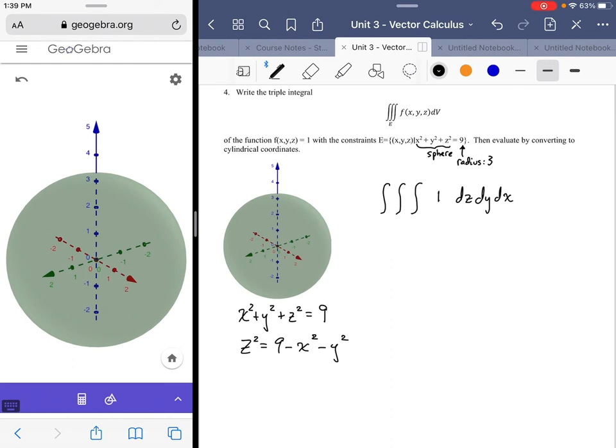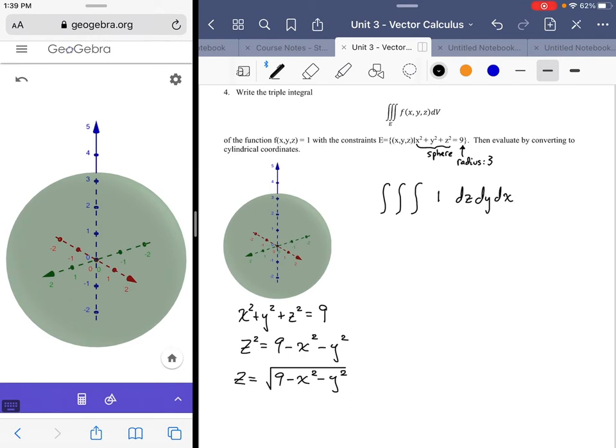And then taking the square root of both sides, it's just a question of whether we want the top half or the bottom half or both. If we work with the positive one, then we're only taking the top half of the sphere, the northern hemisphere. If we take the negative, we're getting the bottom half, which would make sense.